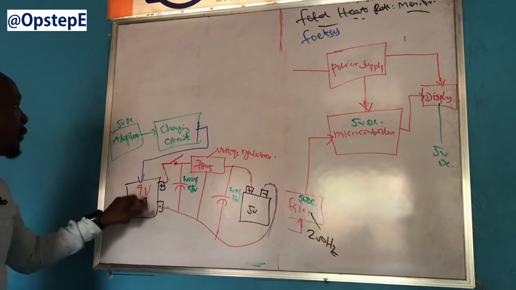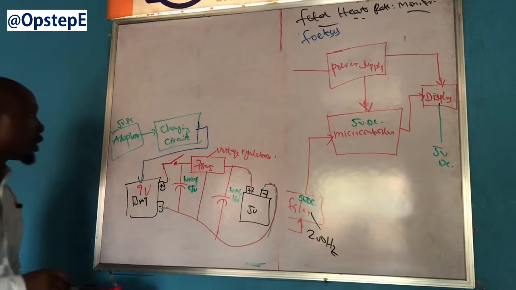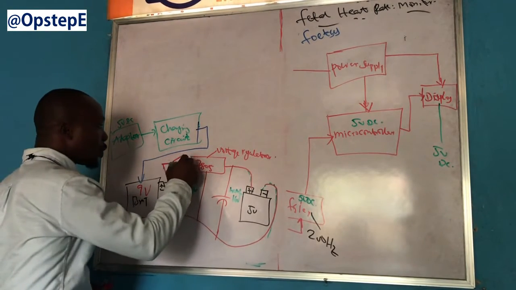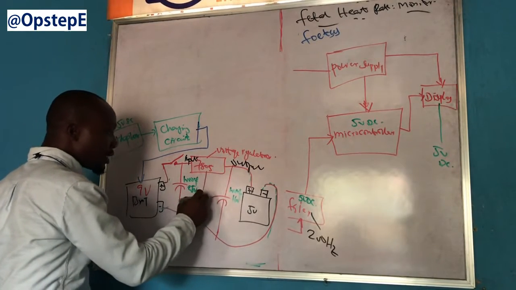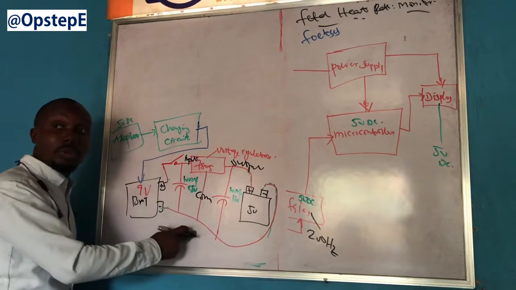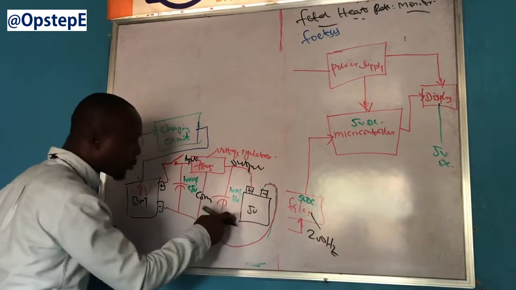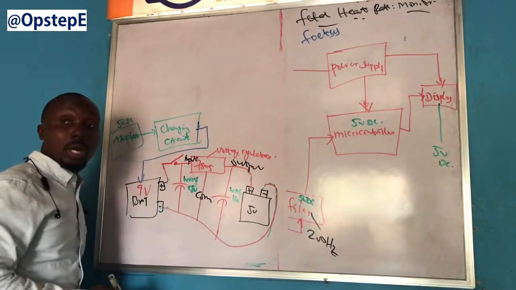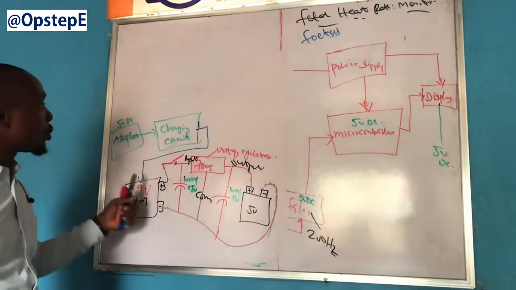That voltage is what is then fed through a switch into the input of your voltage regulator. Don't forget, this is the input of your voltage regulator, and this is the output. This line is the common because this is what comes to ground. It is common to both the input and common to the output. Are you following me now? So this is what your power supply circuitry will likely be.